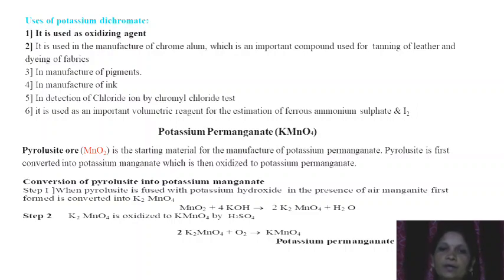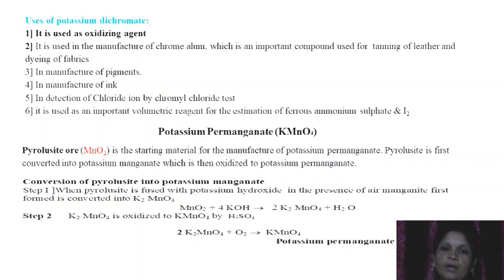Pyrolusite is first converted into potassium manganate and this potassium manganate is then oxidized to potassium permanganate. Now let us discuss the conversion of pyrolusite into potassium manganate. This question will be asked for 2 marks for the manufacture of potassium permanganate.